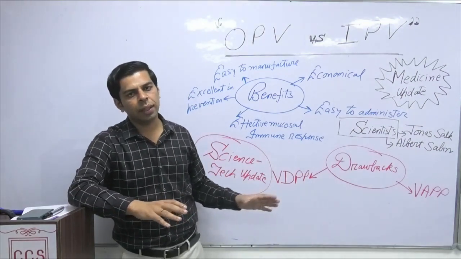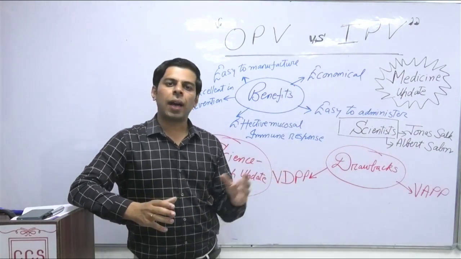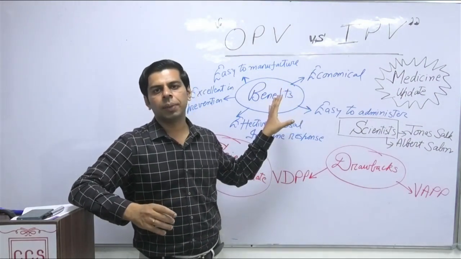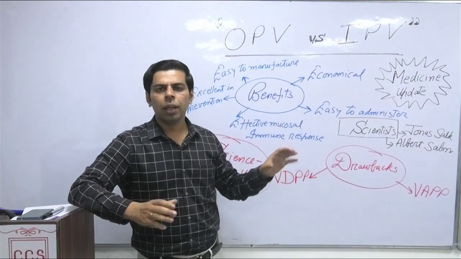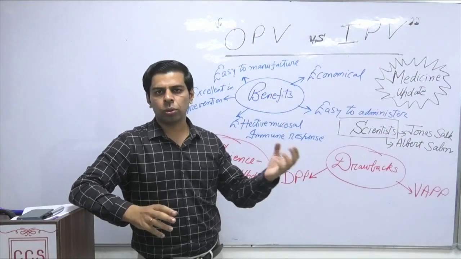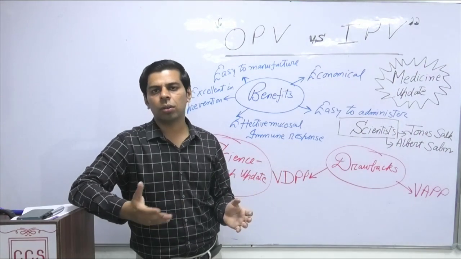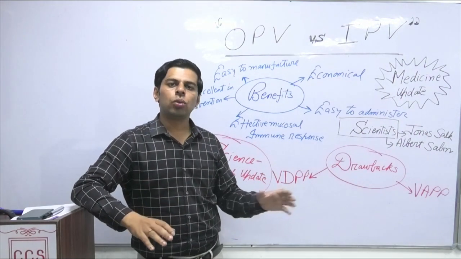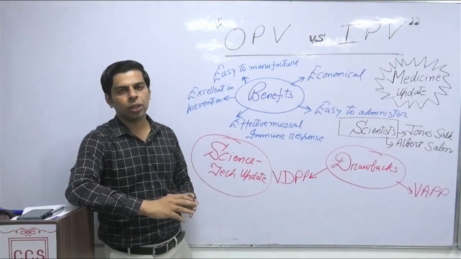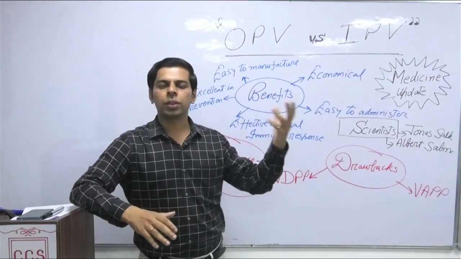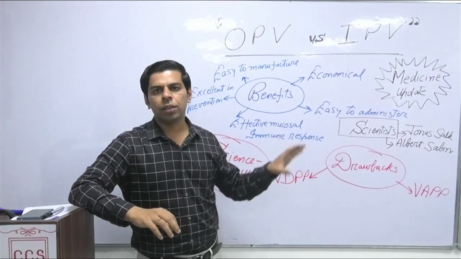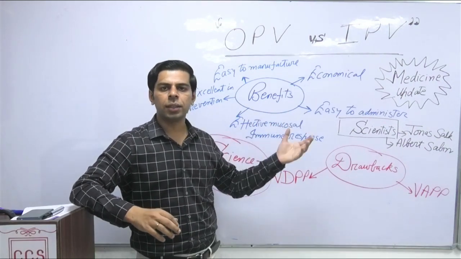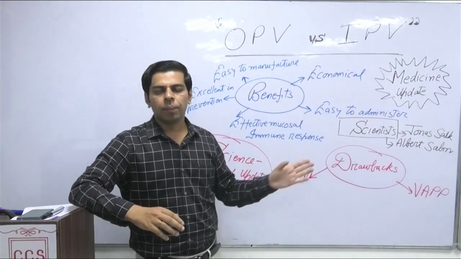Because we have seen that once these live virus-based vaccines are introduced in the body, we take a precaution to remove the pathogenicity of the virus so that it does not cause infection. But still, it cannot be ruled out that at times, due to mutation or unforeseen situations, in 1 in a million, or you could say 1 in 10 million, this virus may regain its virulence and may result in these anomalies.